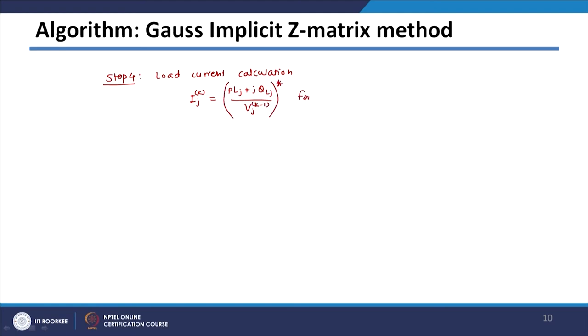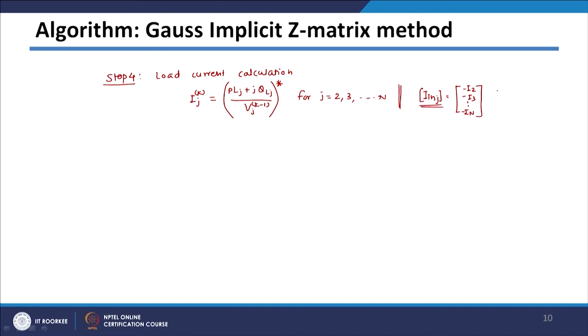This will be done for all j from 2, 3 up to n. So all the load currents will be calculated, and then the I injected matrix will be nothing but the matrix of minus I2, minus I3 up to minus In.